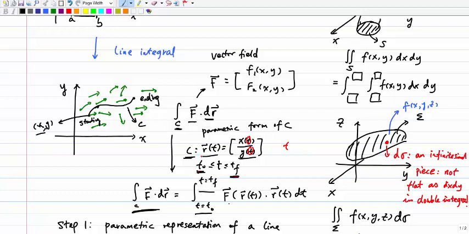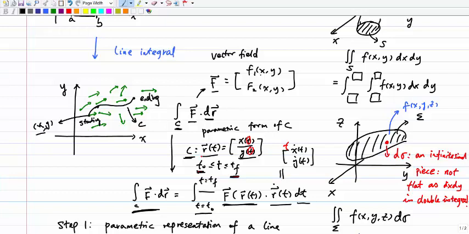Now we have to change this f. Since f is a function of (x,y), we replace x by x(t) and y by y(t) in my vector field. And then r'(t) is (x'(t), y'(t)), times dt.